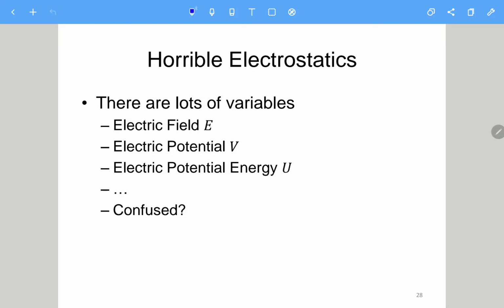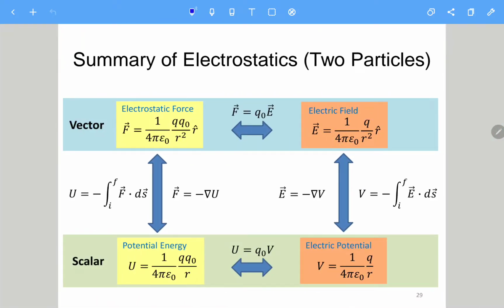Actually, they are quite similar. The expressions are quite similar if you consider two charged particles. Here I just summarize the relationship between them. For chapter 21, we know the Coulomb's force or the electrostatic force, so we have Q times Q0 over R squared.